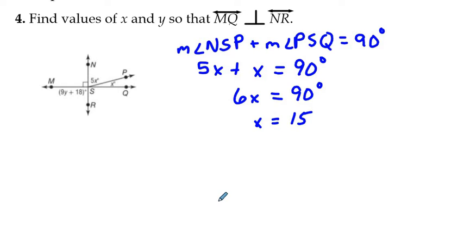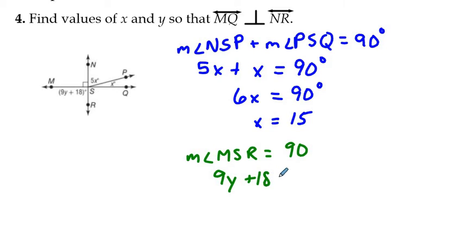So that's the first part. Solve for x to find if line MQ and line NR are perpendicular. And then the last one is solve for y. So in that case, we're going to say the measure of angle MSR is equal to the measure of angle MSN, which is 90 degrees. So I'm going to replace this side here in the green with 90 degrees again. The measure of angle MSR is 9y plus 18 degrees.